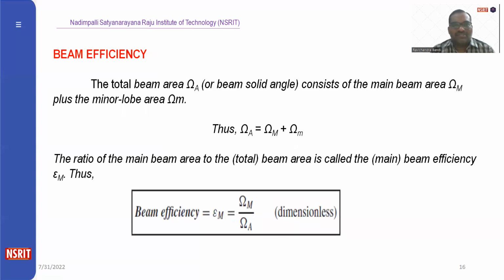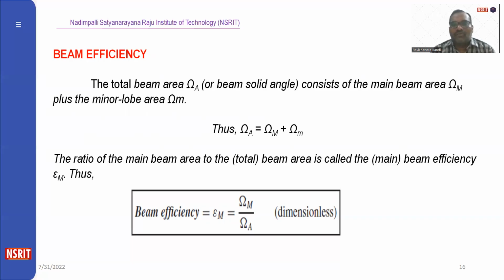Beam efficiency. The total beam area or beam solid angle consists of main beam area plus minor lobe area. So ΩA = Ωm + ΩM. What is Ωm?